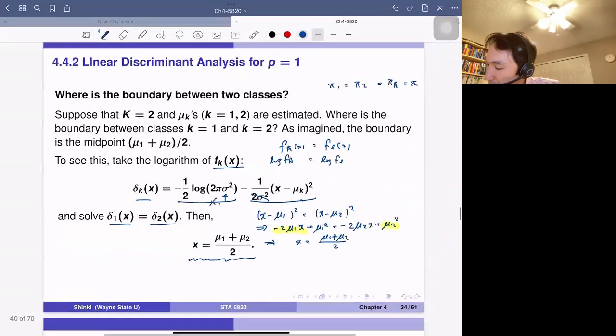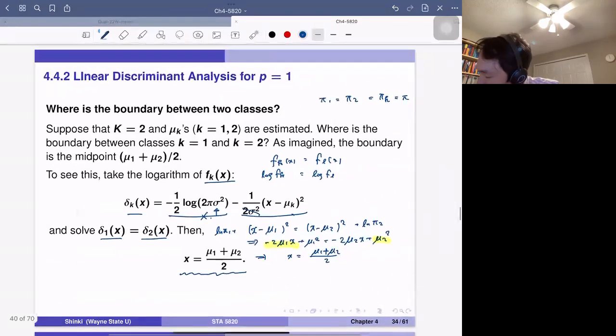If we have some constant, maybe a slightly different threshold, since we have taken the logarithm, we have the log of pi_1 and the log of pi_2. In such a case, we have some constant, so maybe the formula is slightly more complicated. Let me see. Log of pi_1 and log of pi_2 on both sides.